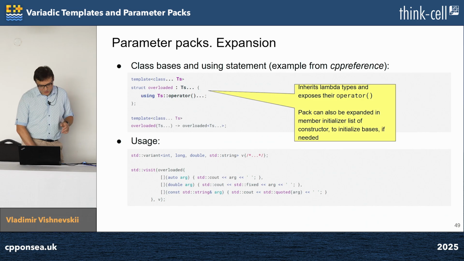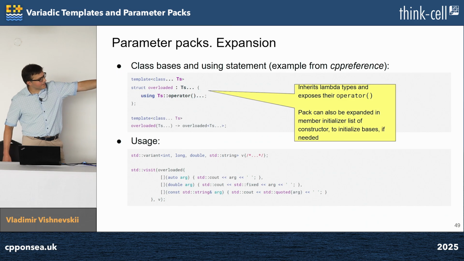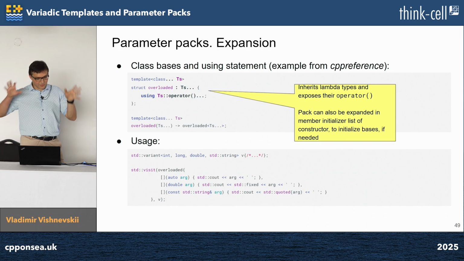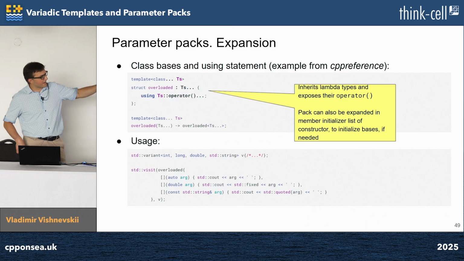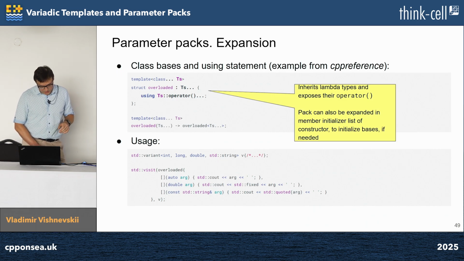So here we have expansion into bases. Our types that are template parameters for our overload are now the bases of the overload object itself, and also the call operator is exposed to be available from the bases. So it's exported from the bases into the overload object itself. This is how this works.